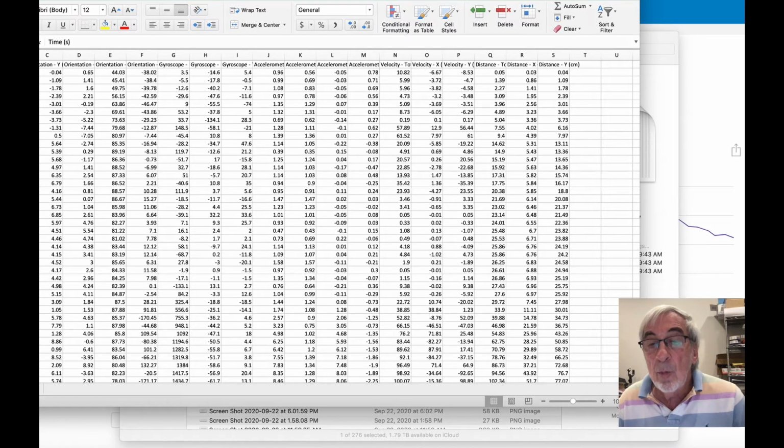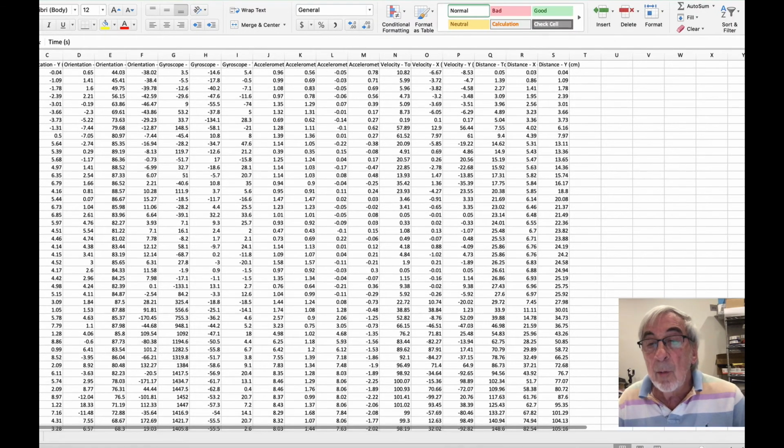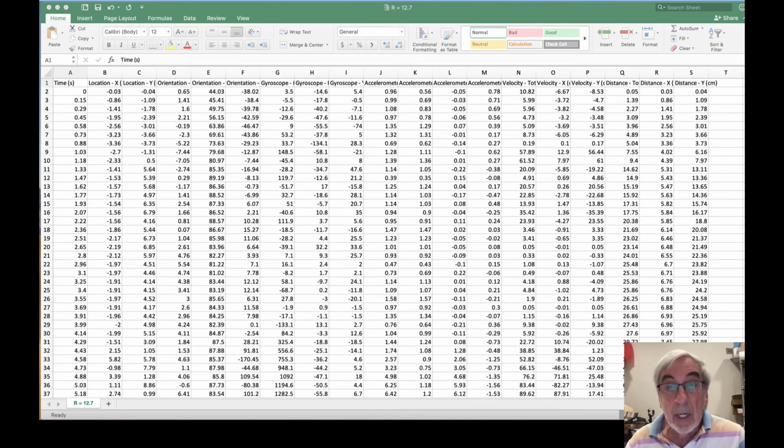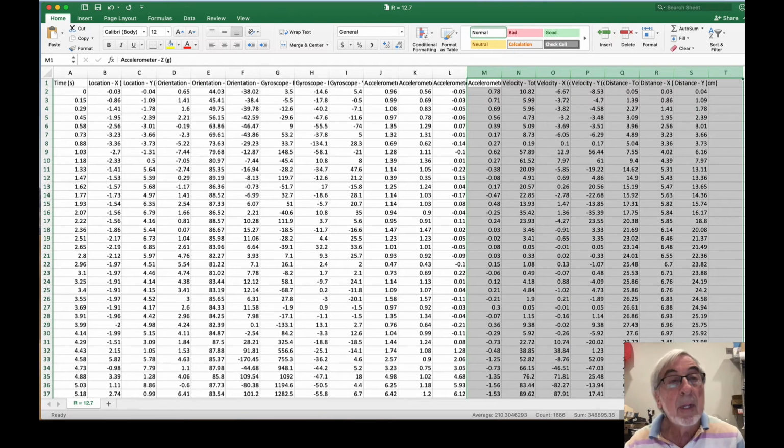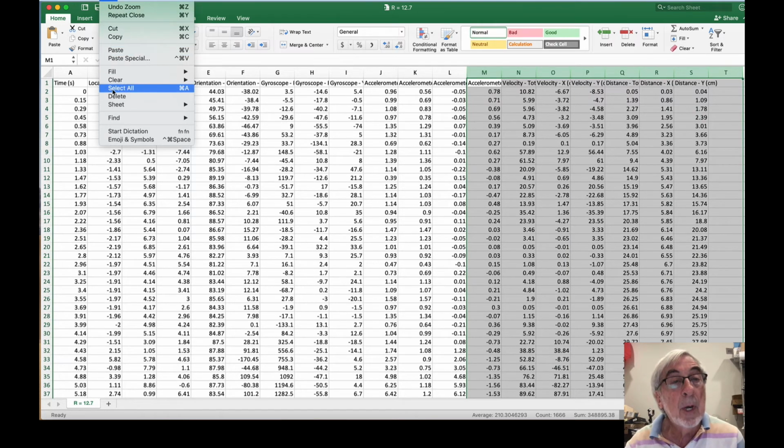And this has a whole bunch of data that we don't want. So now we're going to get rid of everything except the time column, the acceleration in the y direction, and the pitch d theta dt. So come up to the Excel spreadsheet and highlight columns M through S and edit, delete them away.